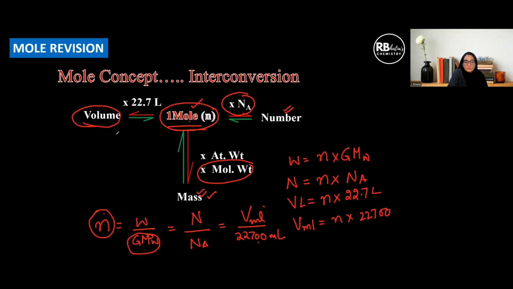And supposing volume is known and you want to convert it to moles, divide volume by 22.7 or 22700, you will get number of moles. So this is what this flow chart is explaining.